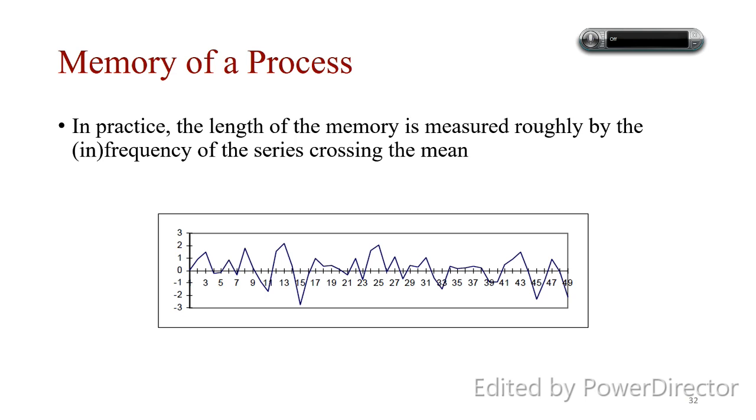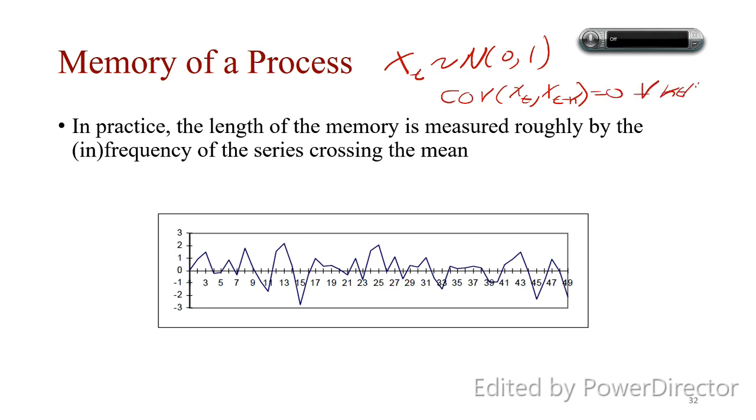So the covariance, for example, between a process, let's say I'm just going to give you an example here. Let's say here we have xt to be a normal random variable of mean 0 and variance 1. And we know that since they are independent, the covariance of xt and xt minus k is equal to 0 for every k belonging to R, right?